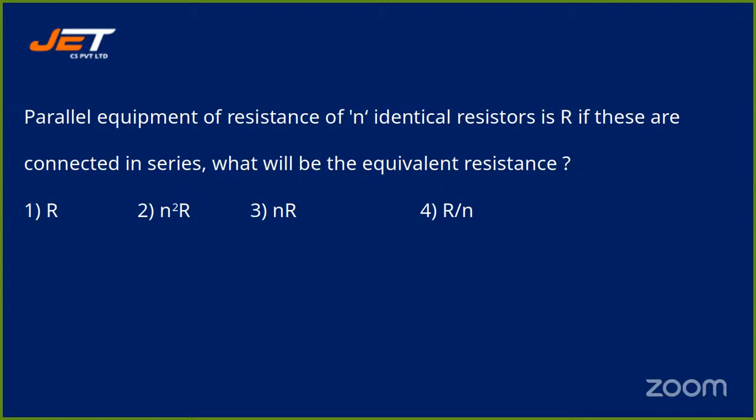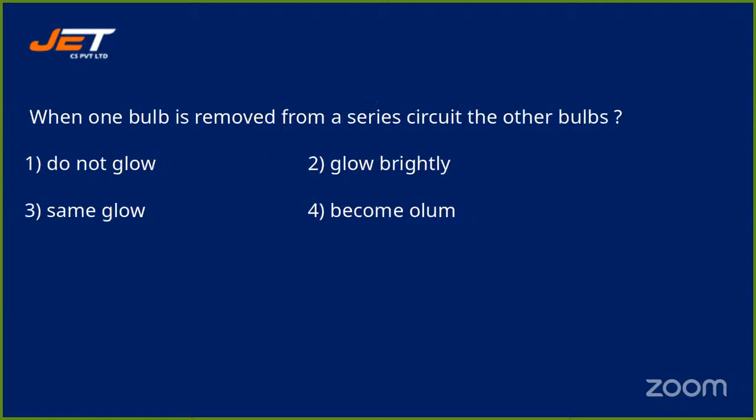Because it is parallel connected, it will be 1 by R equivalent equal to 1 by R1 plus 1 by R2, so on, 1 by N. So we are connecting this in series now. So what will be the equivalent resistance then? If parallel, it is R by N. But if it is in series, it will be N square R, right? Simple. N square R, right?